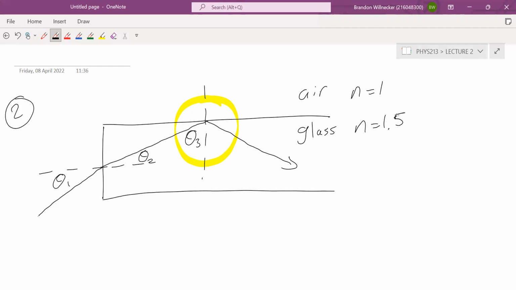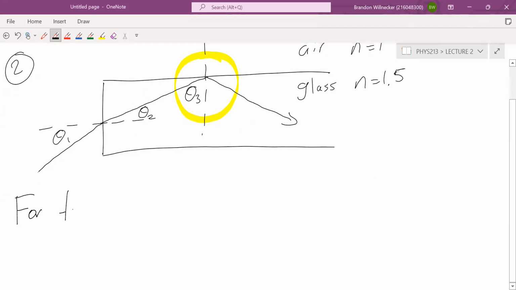Don't memorize these, they will be given in the test. So we need to find the critical angle. Remember, for total internal reflection, the incidence angle needs to be at least the critical angle. In other words, the incidence angle must be greater than or equal to the critical angle. So let's work it out.